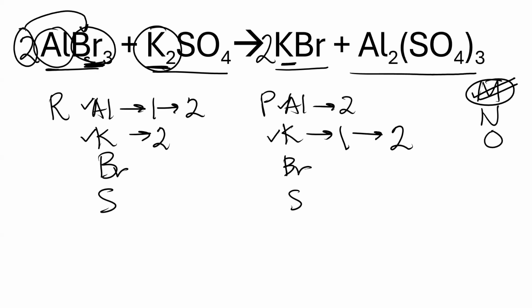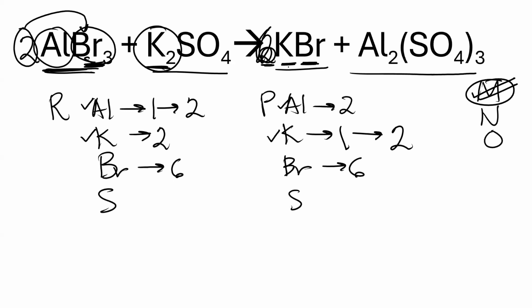So that makes it 2 times 3. We actually have 6 bromine atoms on the reactant side. And here we have 2 for our bromine. So we need to multiply this by 6 so that we can balance the bromine here.